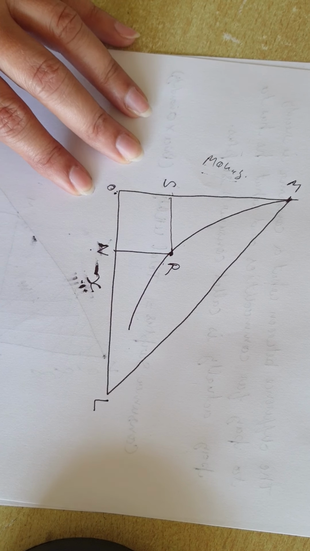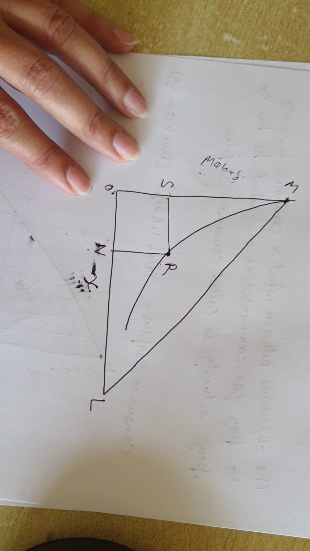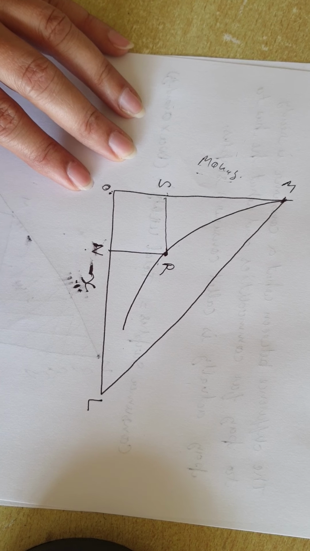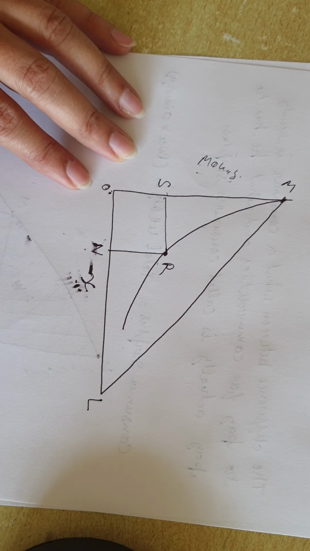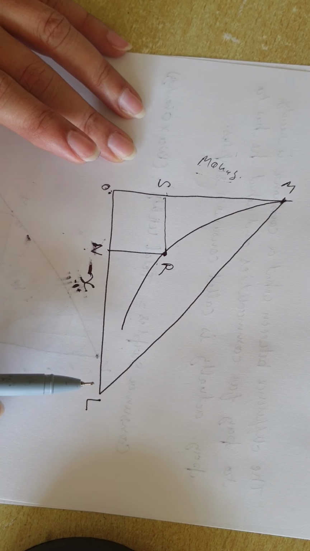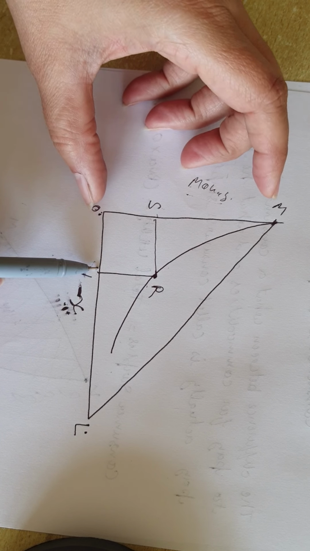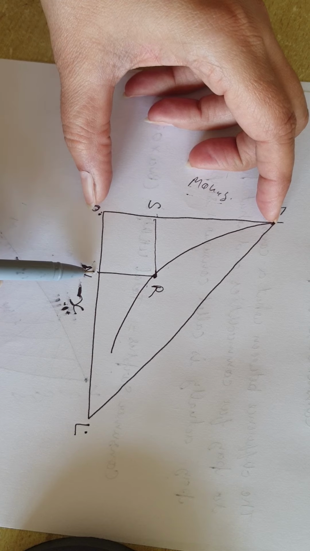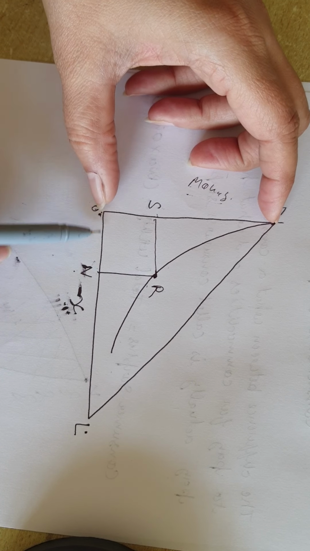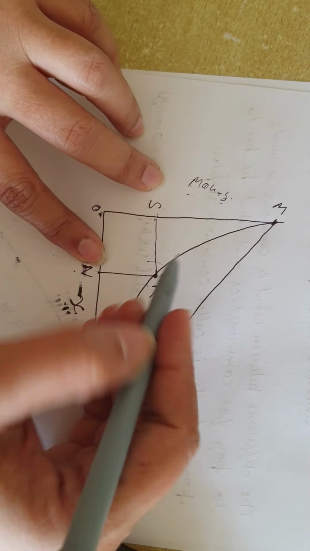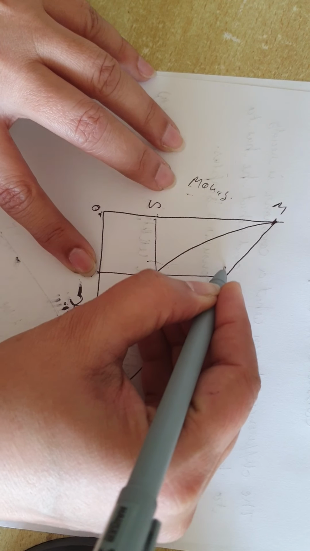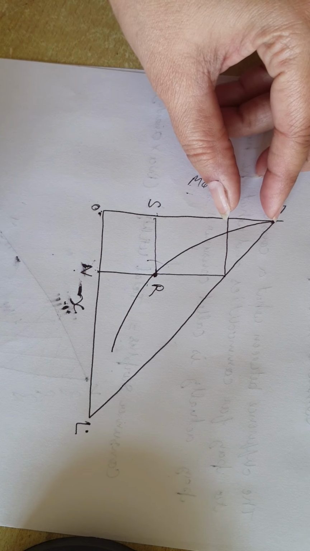A budget line shows all the combinations which a consumer can buy with given prices and income. So here you can see that with this money he can have this much of ON, and he has to spend only this much money.